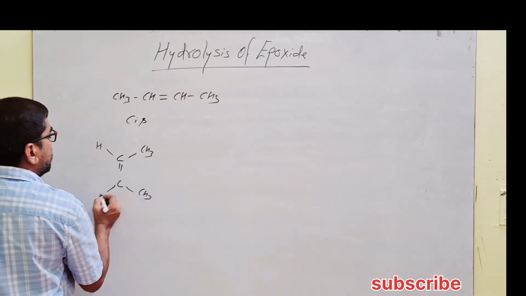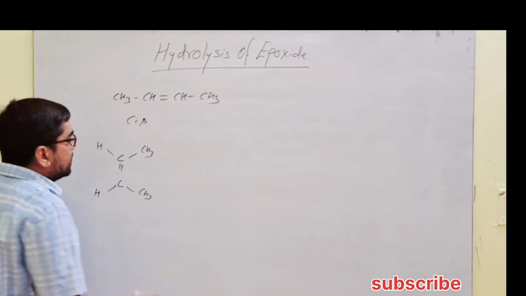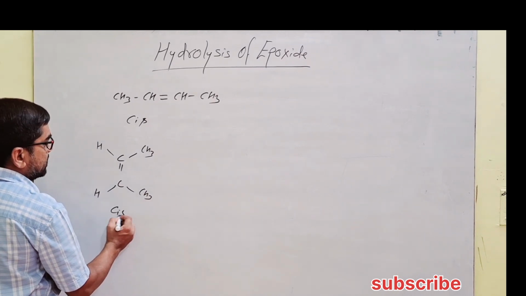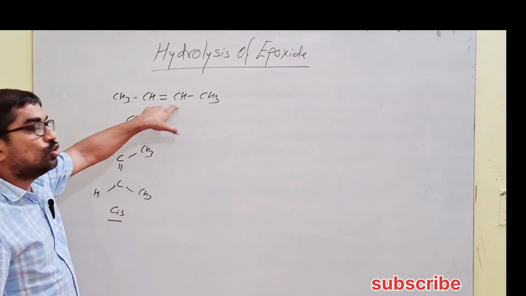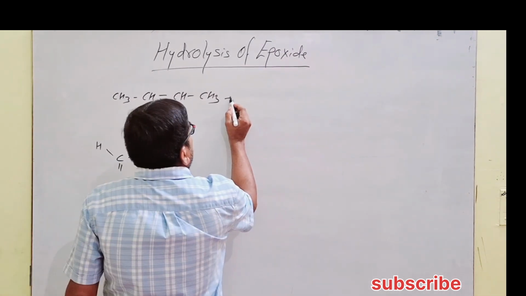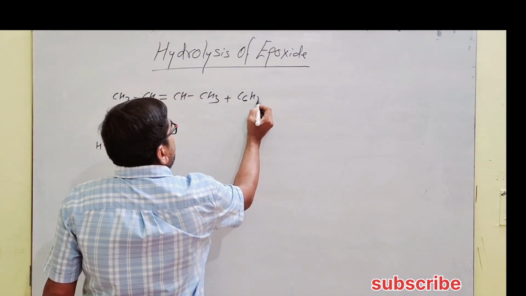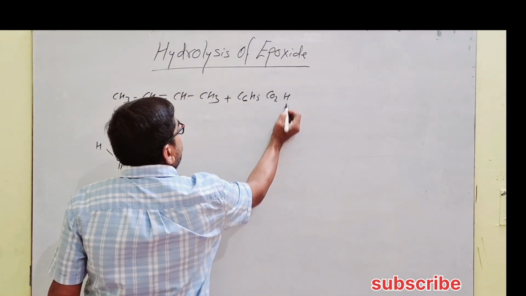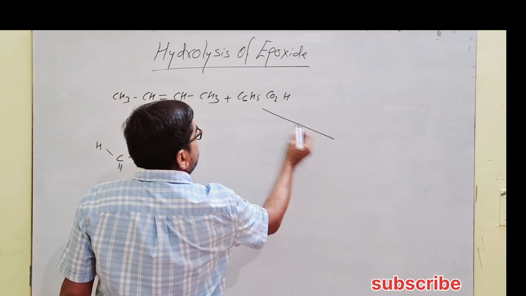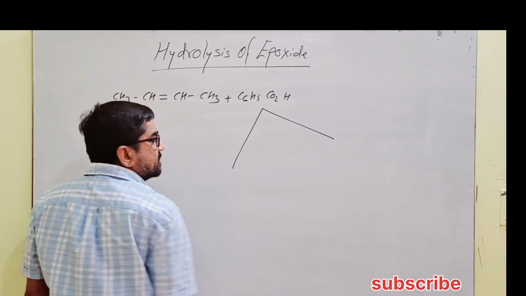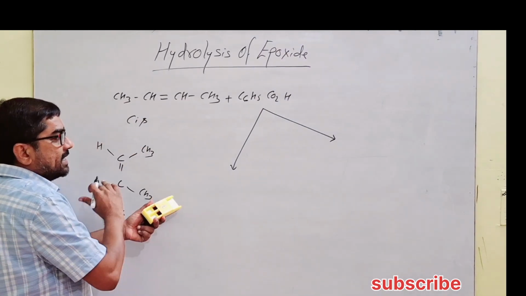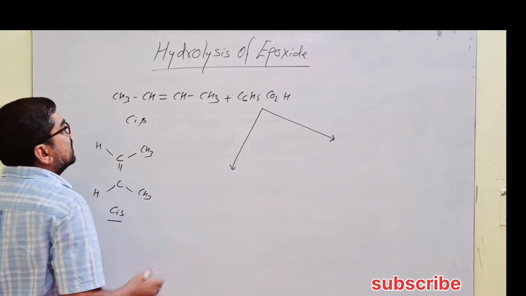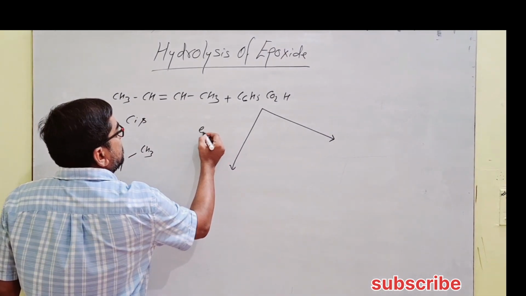When both identical groups attached to the double-bonded carbons are on the same side, it is called cis form. This is the cis form of butene. Now it reacts with perbenzoic acid, so it results in two products, since both the OH get attached opposite to each other.